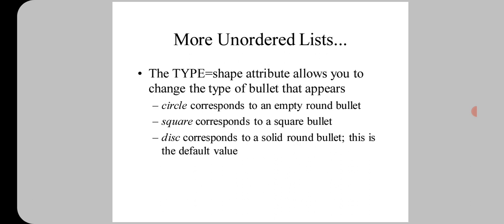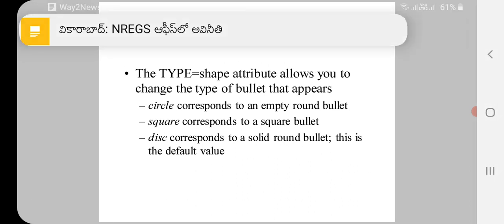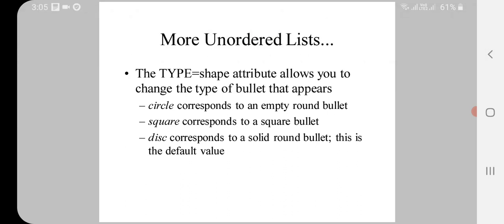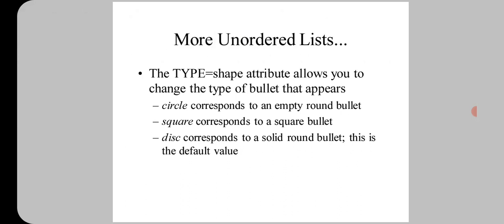The syntax is type equals shape. The type equals shape attribute allows you to change the type of bullet that appears. So we are also allowed to change the symbol of the bullets used in an unordered list.